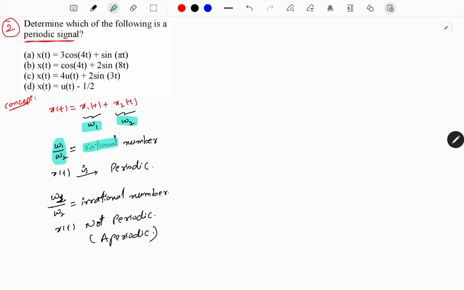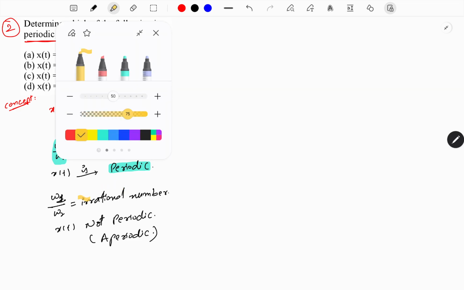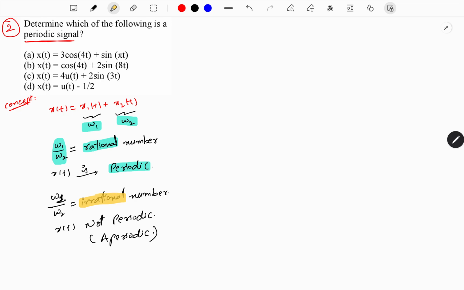If the result is a rational number, then the signal is called periodic. If the ratio is an irrational number, then it is called not periodic, also called an aperiodic signal. So now we will jump into our question.